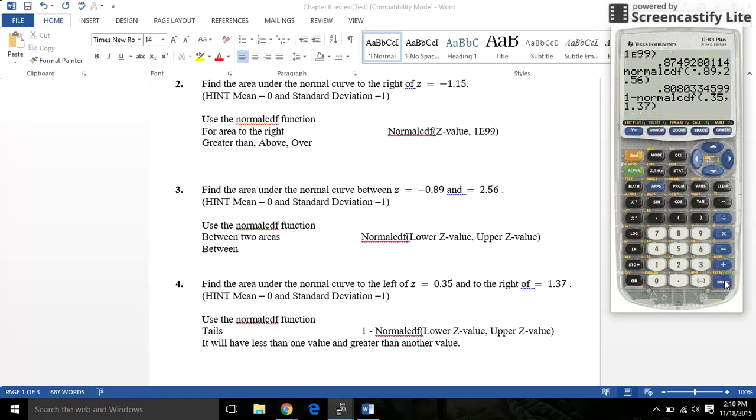Close the parentheses. My answer is 0.7221, which I'd round up to 0.7222 because Hawks likes you to have 4 decimal places. So that's the area under the curve.